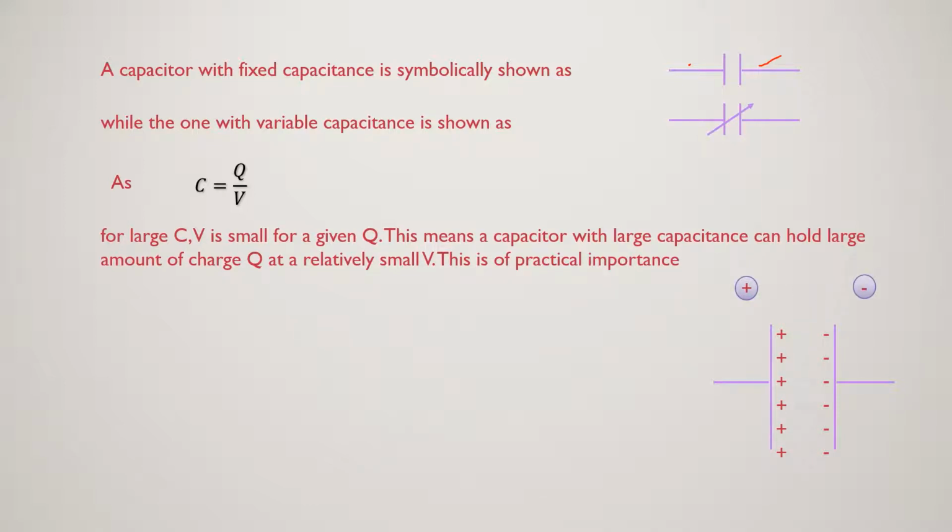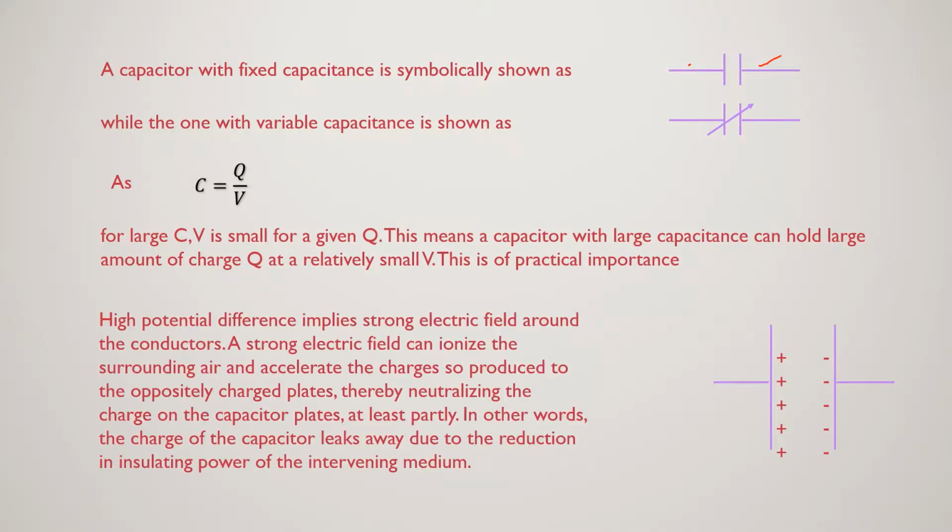Positive and negative ions will be formed. The positive ions will move towards the negative plate and neutralize there, and negative ions will move towards the positive plate, hence neutralizing the charge. Or we can say that all the charge will leak into the surroundings.